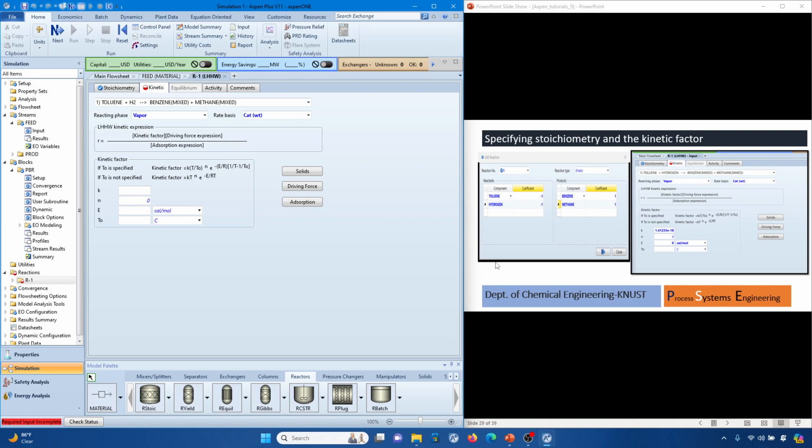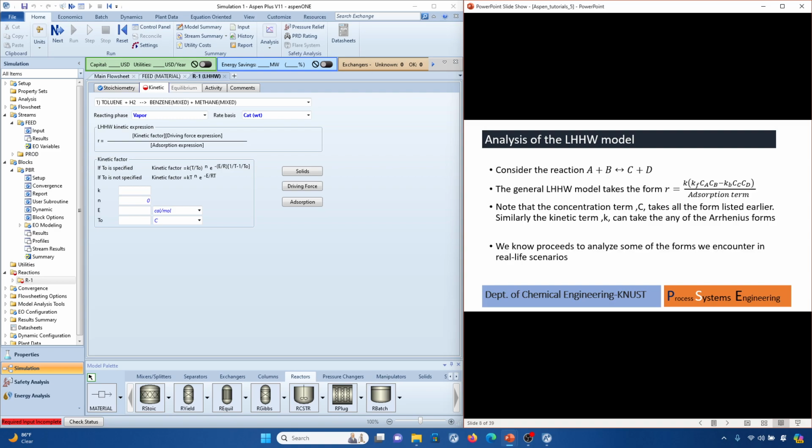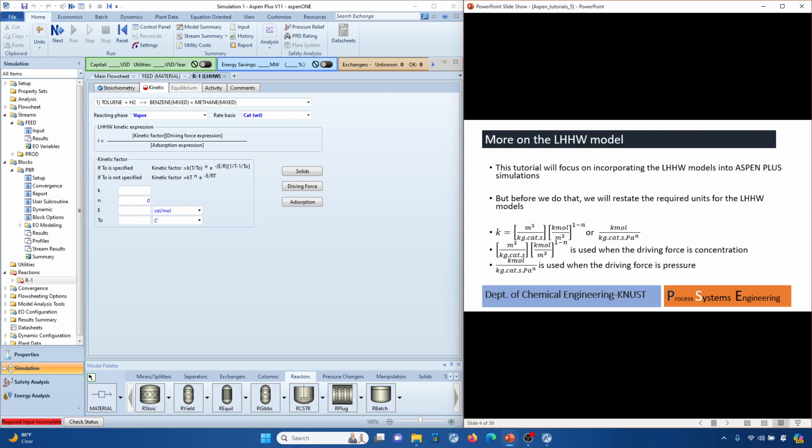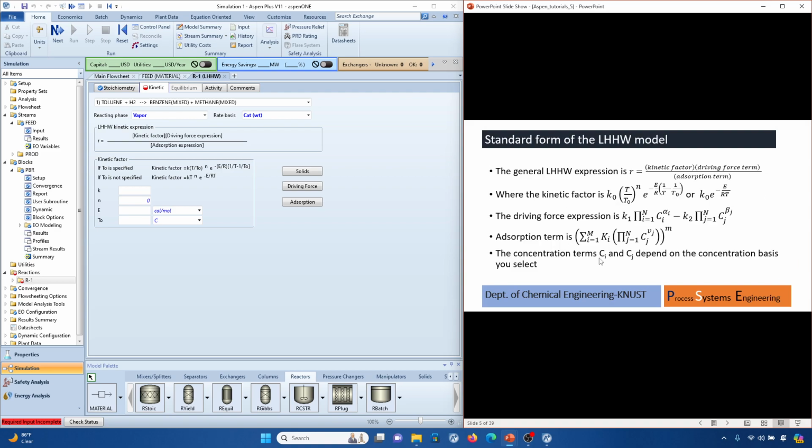So if we go back to the general form, you see this expression here depicts the general form of the Langmuir model. It usually has, as the first factor, the kinetic factor, based on the Arrhenius equation.